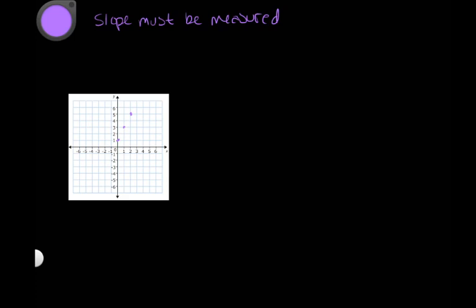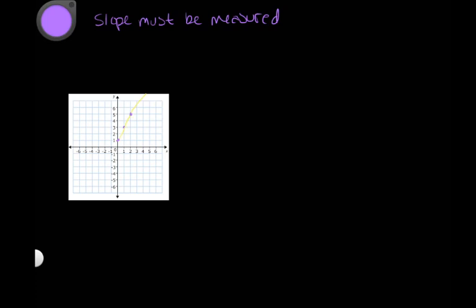I'm going to connect them with a line. So we'll show our line here in yellow, starting from the first point, passing through those points. It's not a great line because I'm trying to do this on my computer, but there's our 3 points.